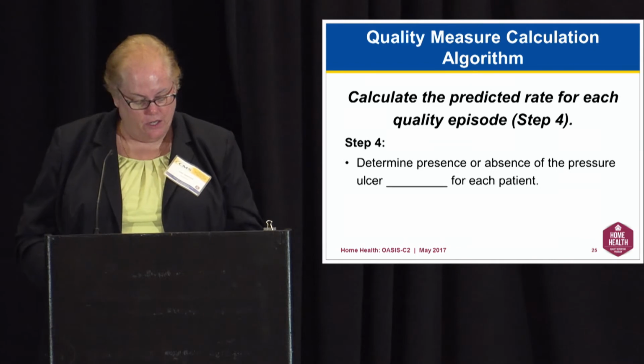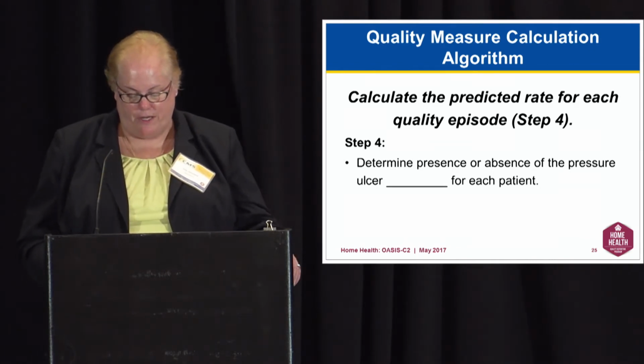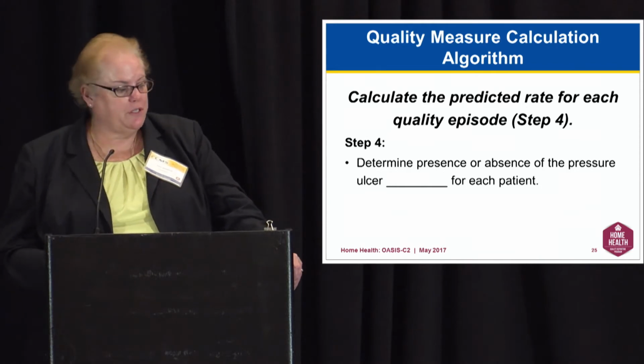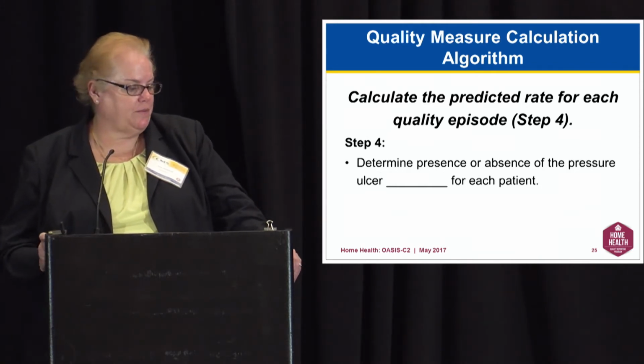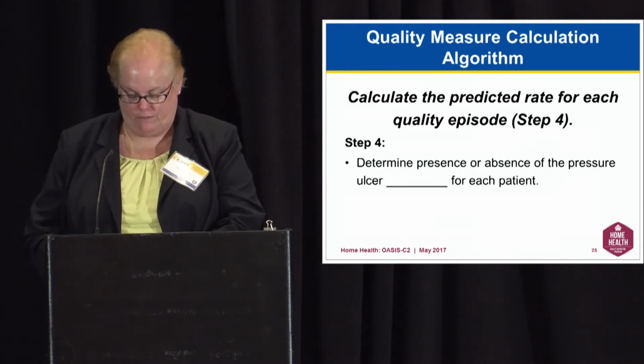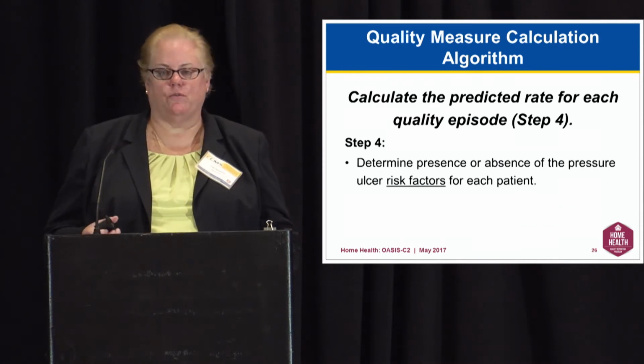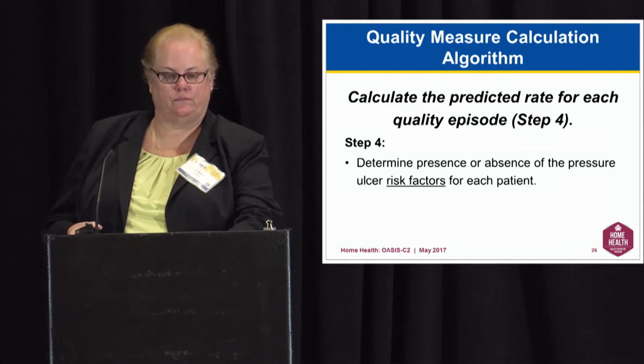All right, so now let's look at calculate the predicted rate for each quality episode. This is step number 4, determine the presence or absence of the pressure ulcer risk factors for each patient. Right, and those are the risk factors. And why are they important?